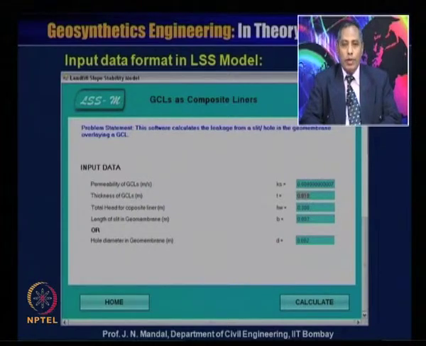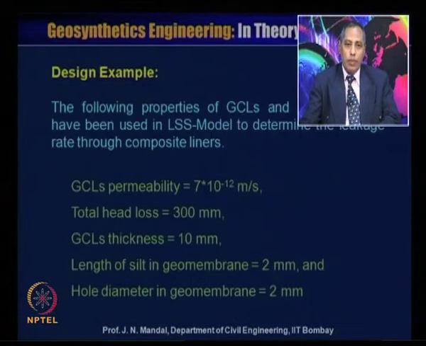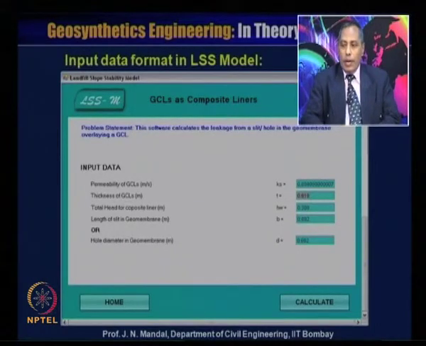Here the input data is permeability of the geosynthetic clay liner equal to 7 into 10 to the power minus 12 meter per second, thickness of GCL equal to 0.010 meter, total head for the composite liner HW equal to 0.300 meter, length of the slit in the geomembrane equal to 0.002, and the hole diameter of the geomembrane, small d, equal to 0.002 meter.